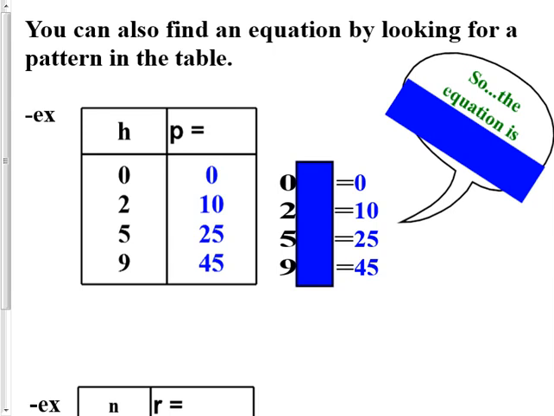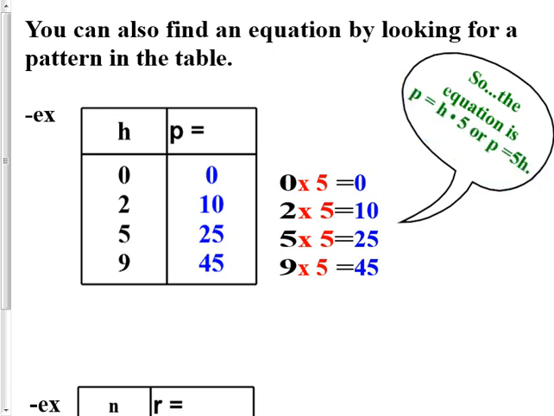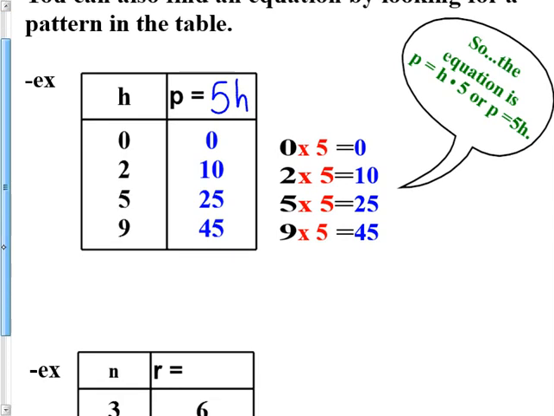Probably pretty quickly you see that each of our H values, 0, 2, 5, and 9, were multiplied by 5 to give us our P values of 0, 10, 25, and 45. So our equation in this case is P equals H times 5, or P equals 5H. And typically in algebra you're going to write it with the coefficient and the variable. That's just generally how you write your multiplication once you move into algebra.